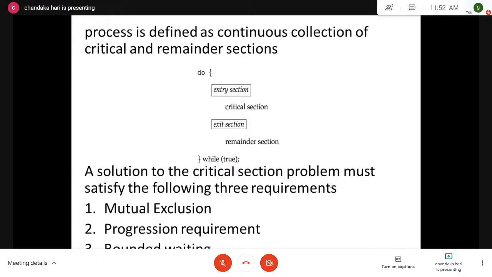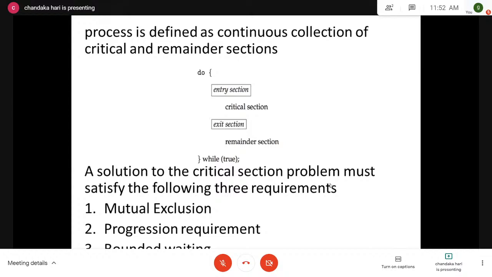Again, if no process is executing in its critical section and there exist some processes that want to enter, then only those processes not executing in their remainder sections can participate in the decision of which will enter its critical section next. So critical sections cannot be postponed. We must always give first priority to the processes that are trying to enter into the critical section.